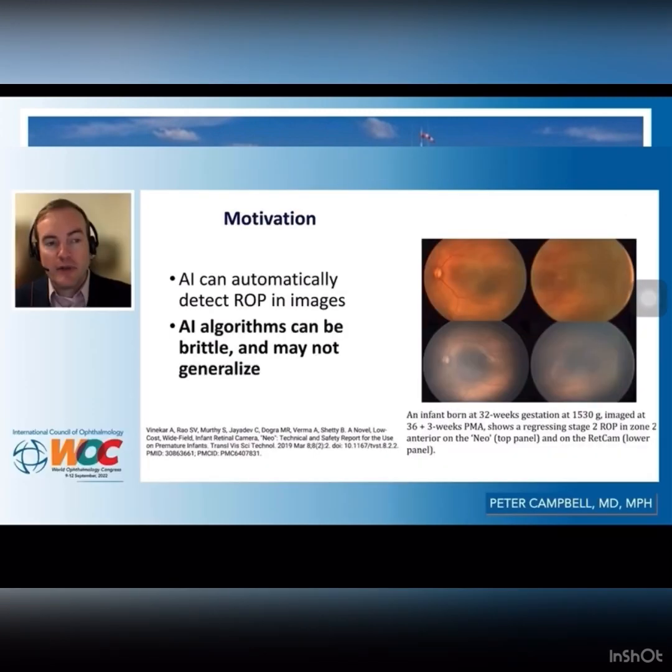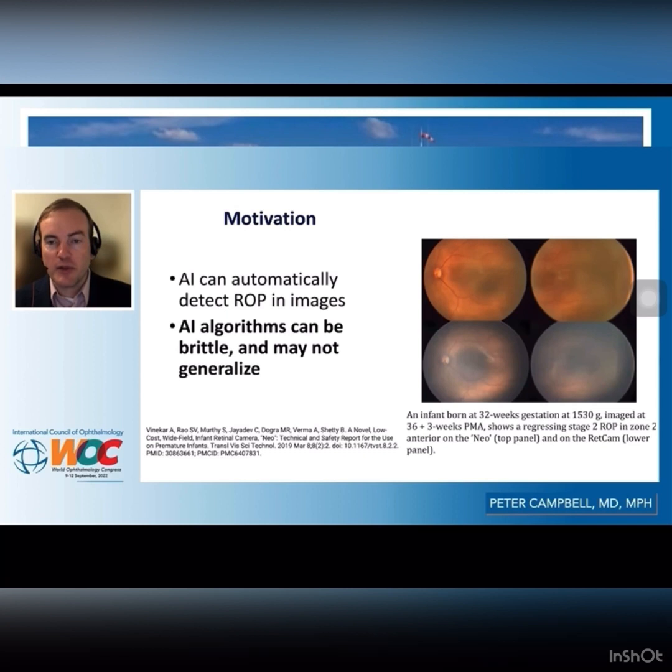However, we know that artificial intelligence, when trained on certain populations, can be brittle, and may not generalize. That is, they may not generalize to other cameras, other populations, or other phenotypes. As an illustrative example, here's a figure on the right from a paper at the bottom showing images from the RetCam camera at the bottom and images from the Forus camera at the top.